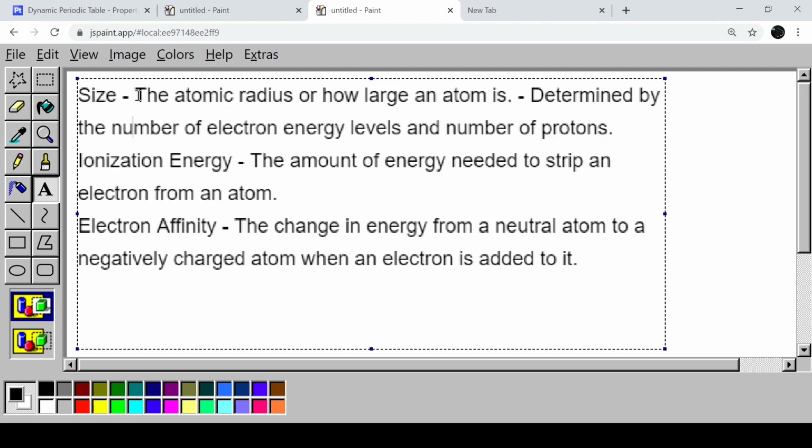This is going to be determined by the number of electron energy levels and the number of protons. So we're going to start here and work with size first.